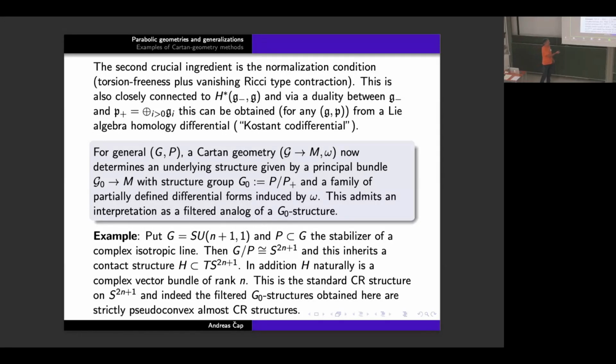And filtered G_0 structures in this case are strictly pseudo-convex, partially integrable, almost CR structures. So in particular, whenever you have a smoothly bounded domain in C^n, or C^(n+1), you look at its boundary, this canonically inherits such a structure under a small genericity condition. If the domain is strictly pseudo-convex, then you will exactly get such a structure.